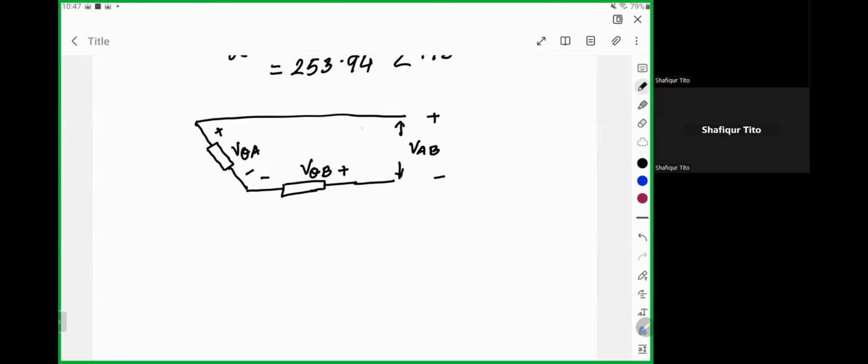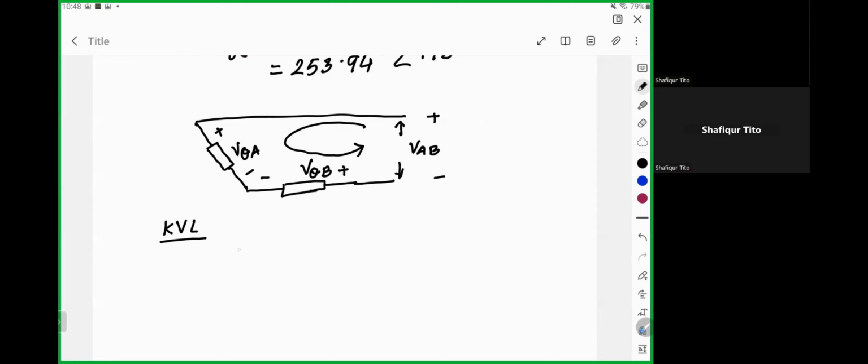Now in this loop, I can apply KVL. If I go counterclockwise, then I can write down KVL for this loop. What would be the KVL? All of you should write it down, with the sign. Let us write down the complete one first.